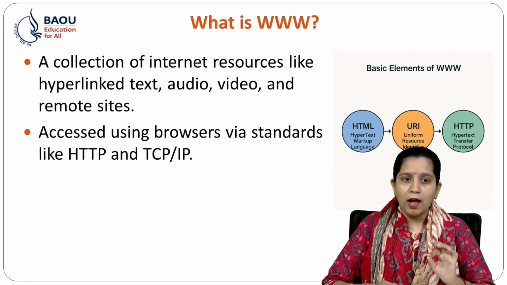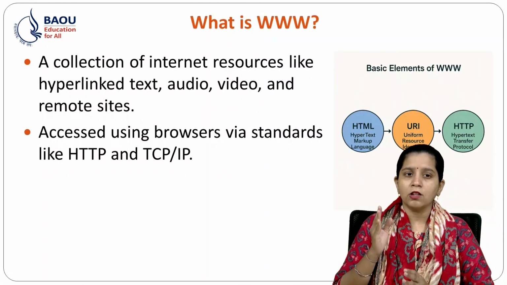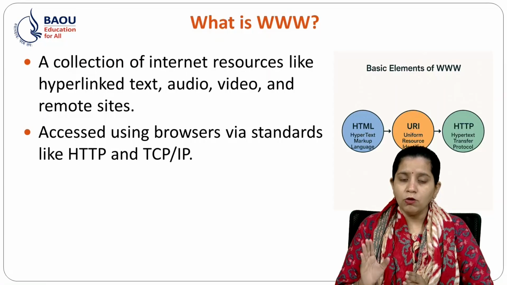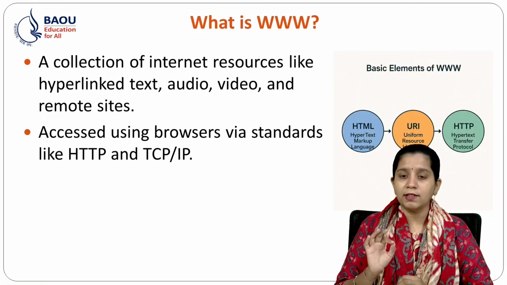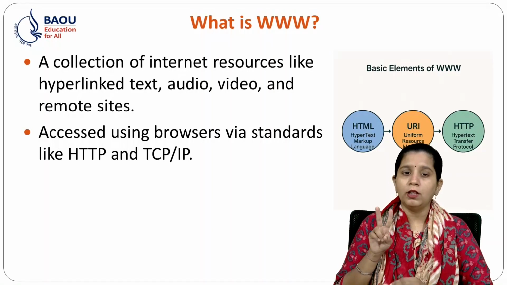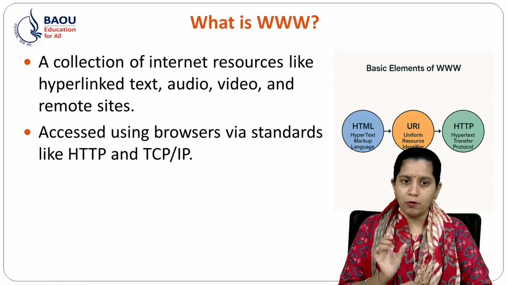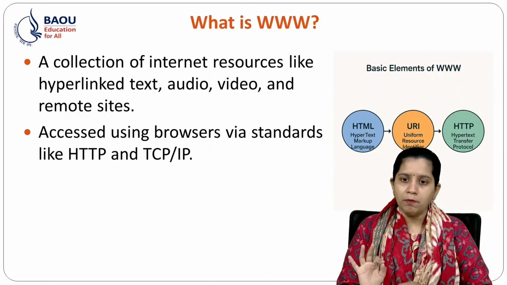Now, how do we access it with browsers? We access WWW using browsers via standards like HTTP and TCP/IP. These two are protocols, the HTTP protocol and the TCP/IP protocol.